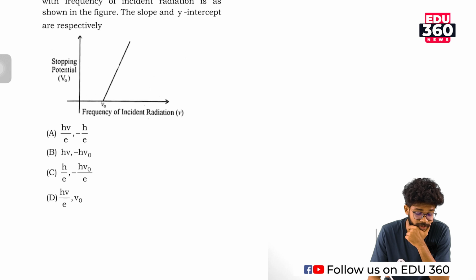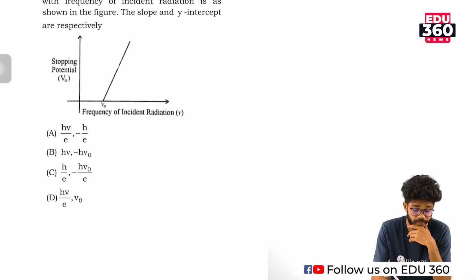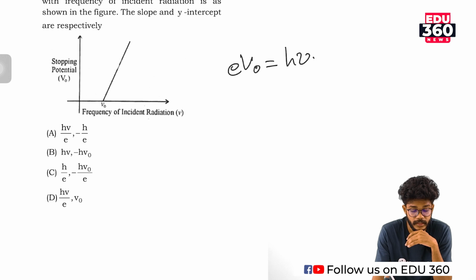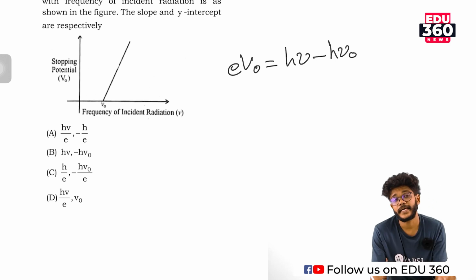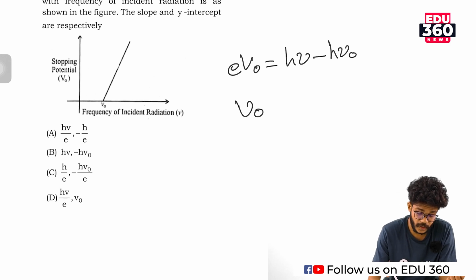So how can we calculate? From the basic principle of the photoelectric effect given by Einstein, the energy eV naught is equal to h nu minus h nu naught. h nu naught is the energy used to emit the photoelectrons, that means the work function. So V naught is equal to h nu by e minus h nu naught by e.